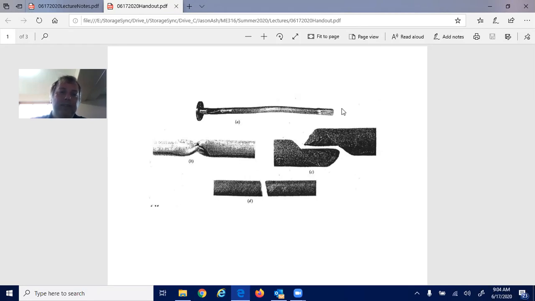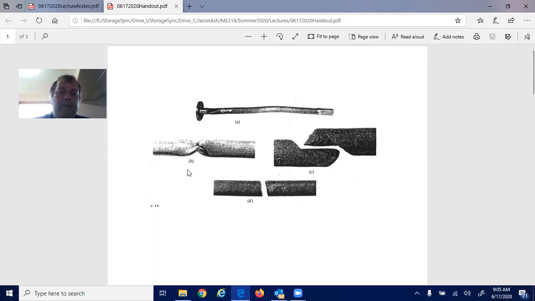If you have grains running along the length of the beam or the shaft, developing a longitudinal split. In this case, it was a ductile material that ended up having a torsional split in there. What that's going to do is it's just going to cause even greater angles of twist that develop with that, and greater shear stresses in the process.